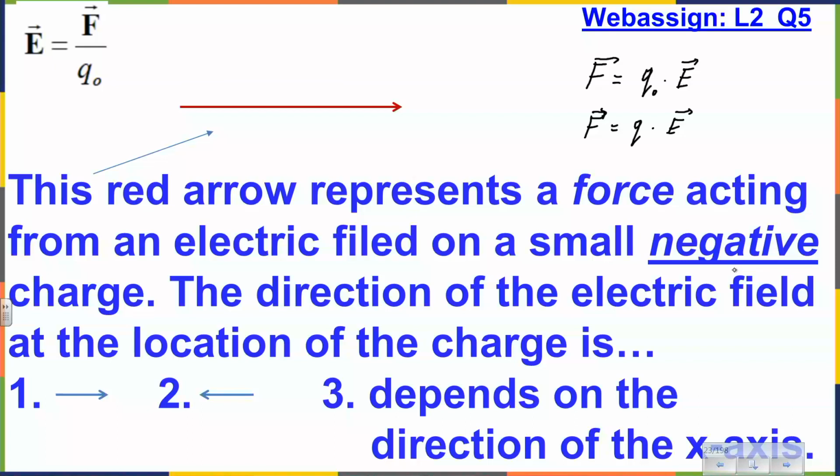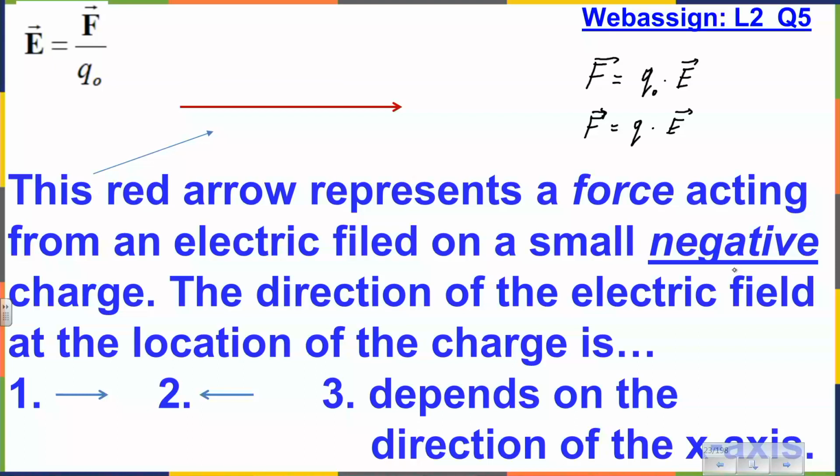And if I take a vector, which is an arrow, and multiply by a positive number, the result is an arrow which points in the same direction. How do I know? I learned it in school some time ago.